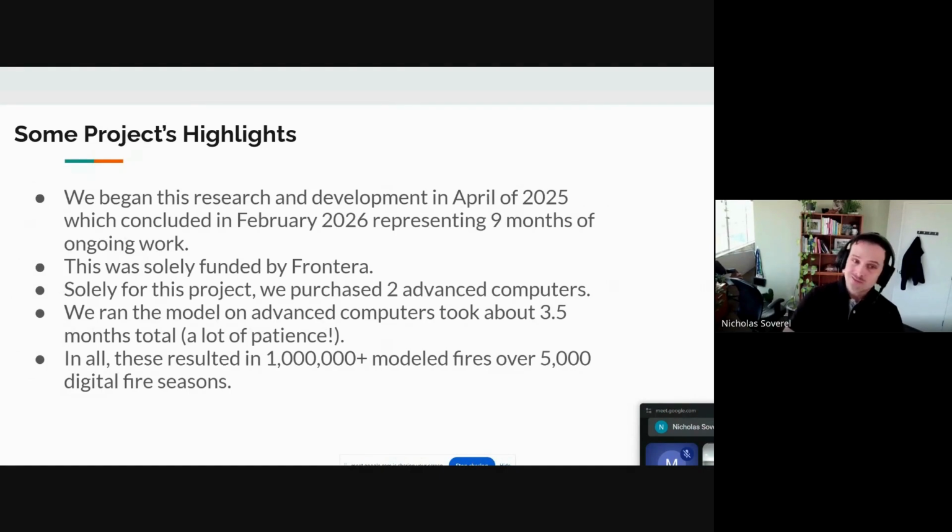We ran the modeling for three and a half months actually, and it required some patience because we were very keen on seeing what was coming out of it, but we practiced a lot of patience, and we think it's really been worth the wait.